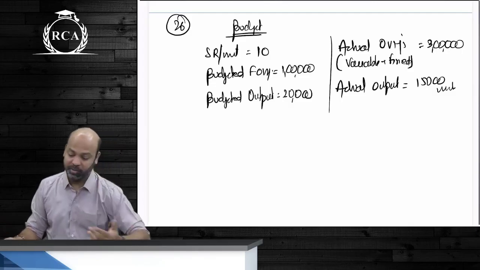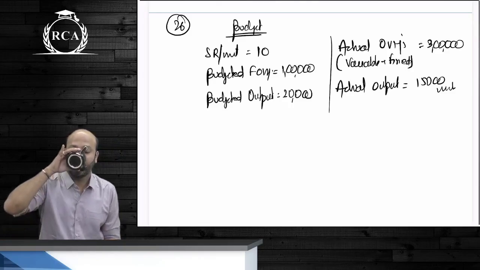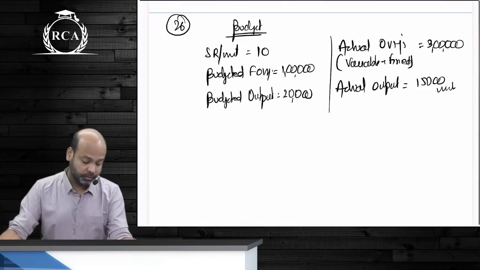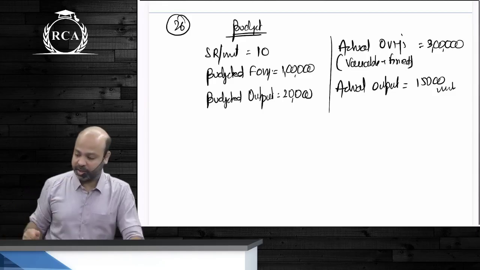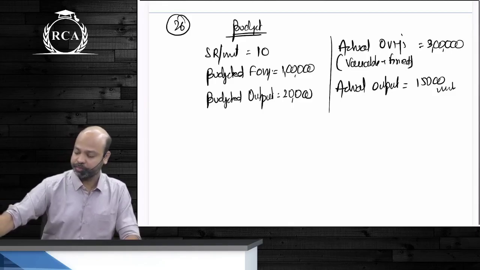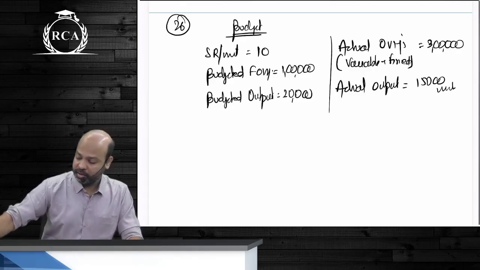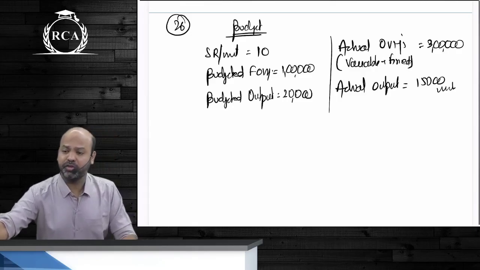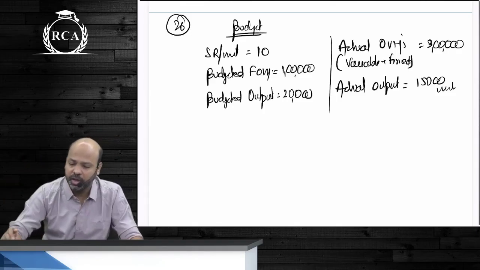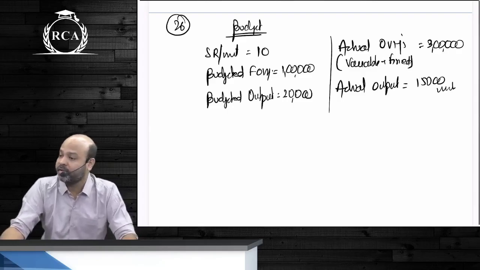Because I just taught it above. Not expenditure, expense, meaning the entire cost related to overheads, compute and tell. If time details were known, efficiency would come, otherwise not. Efficiency separately is not possible, guys. Whether this question or any other question, if details of time are not given, there is no way you will be able to compute efficiency variance separately.